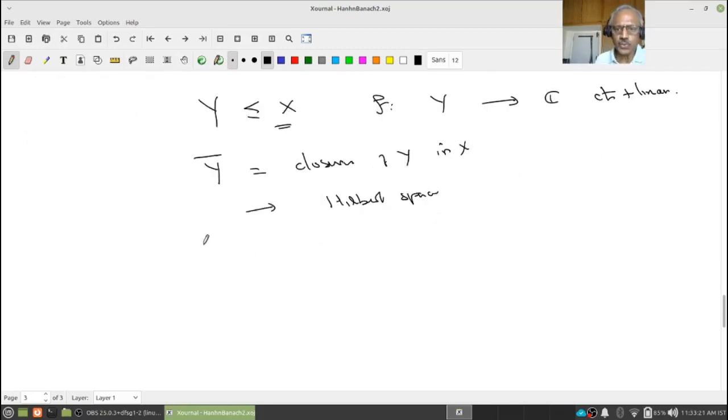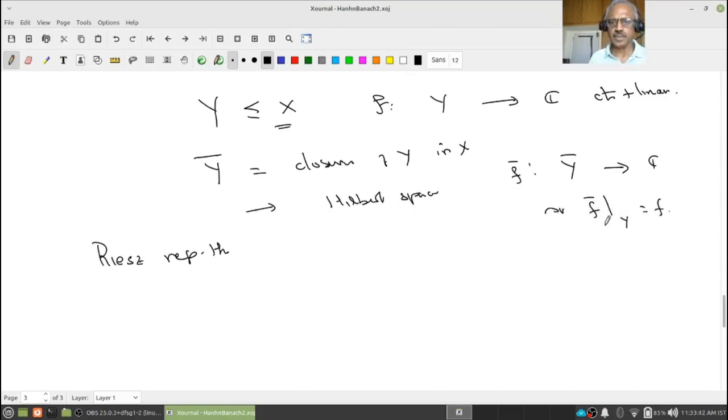Therefore, what do I know? Now let's recall the so-called Riesz representation theorem. Therefore there exists, let me call it f bar, from Y bar to C, such that f bar restricted to Y is f. But we can do much better.